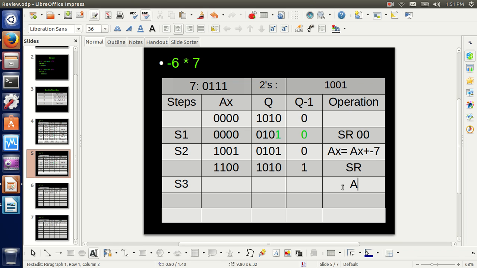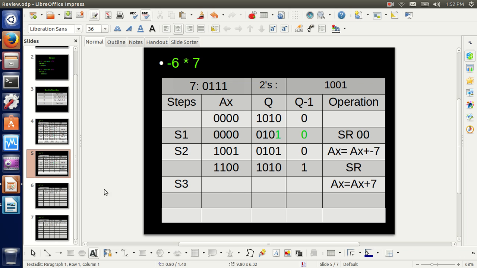AX equals AX plus, what do I have here, plus 7, not -7, plus this. So in this case I'm gonna have what, try to put 1 1 1.